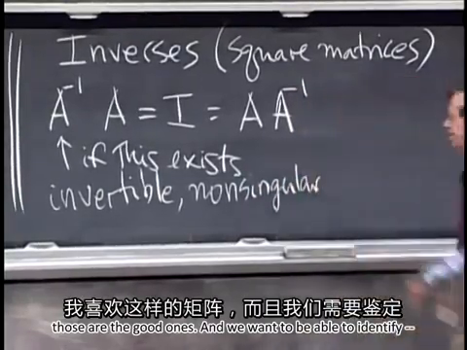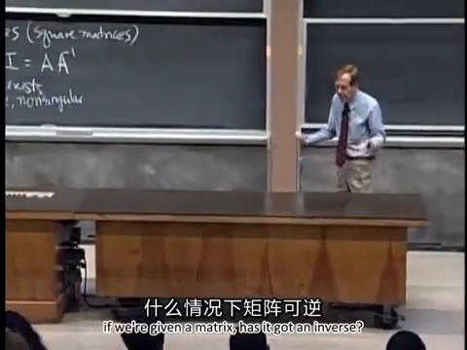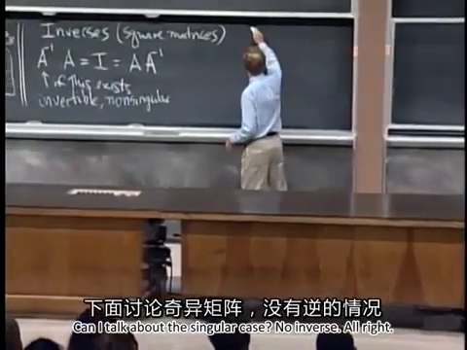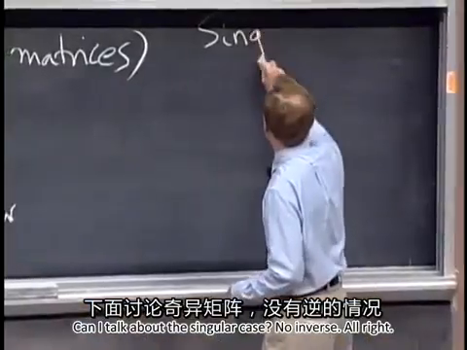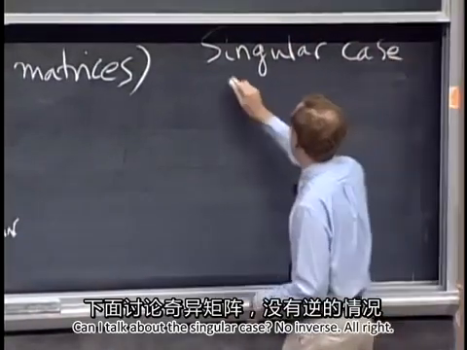Those are the good ones. And we want to be able to identify, if we're given a matrix, whether it has an inverse. Okay, so give me some cases. I hate to be negative here, but let's talk about the singular case: no inverse.